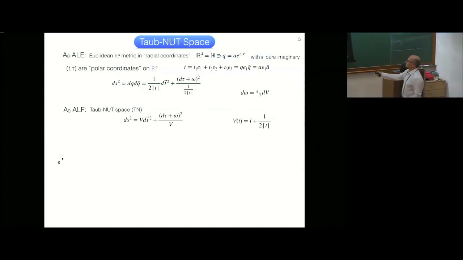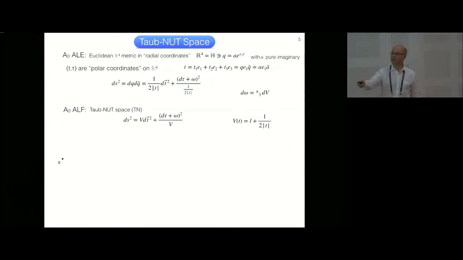There's also something interesting happening at the origin. When you approach the origin, this tends to infinity, so the circle actually shrinks. So let's consider the origin in R3 and pick a line. If you stand at a generic point in R3, then over that point there is a circle parameterized by tau.